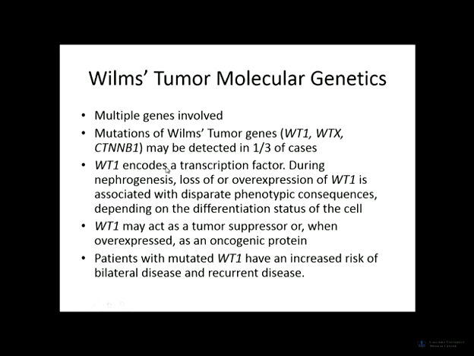So the loss of WT1 or the overexpression of WT1 is associated with the different phenotype characteristics we see depending on when it occurs and what the differentiation status is. So patients who have WT1 in particular have an increased risk of bilateral disease and recurrent disease.